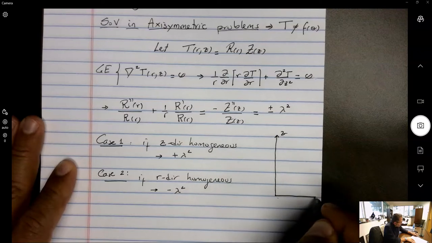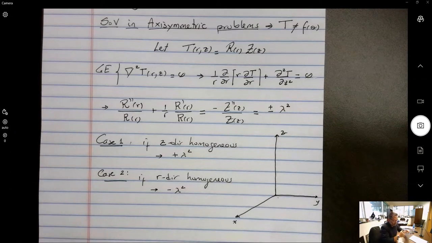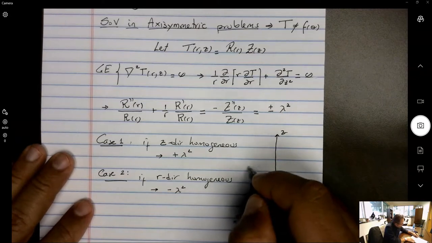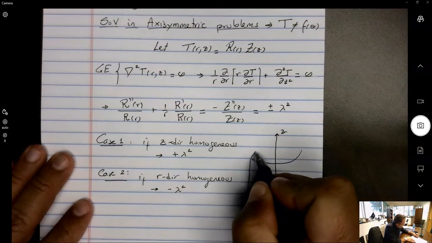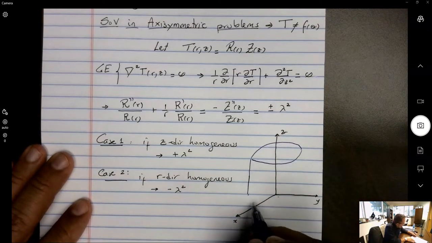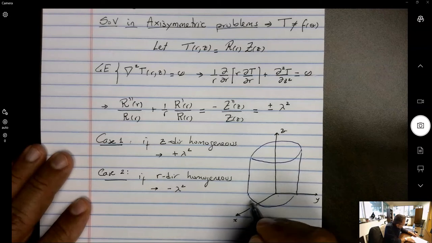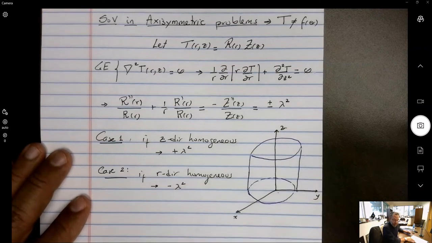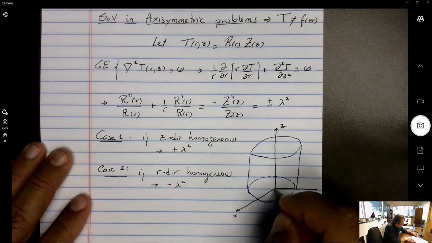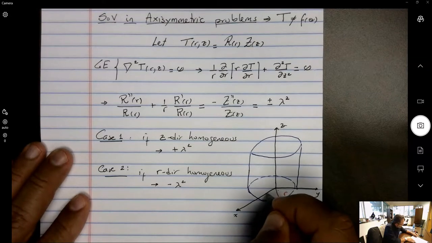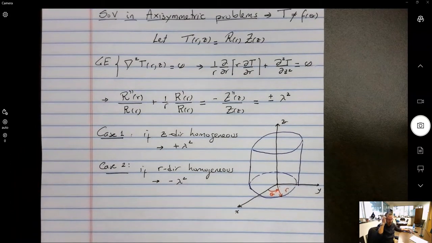We're going to draw the y-axis in this direction and the x-axis in this direction, and then superimpose a cylinder here. And remember that R and theta are defined this way. Z actually remains the same as the Z axis of the Cartesian coordinate system.